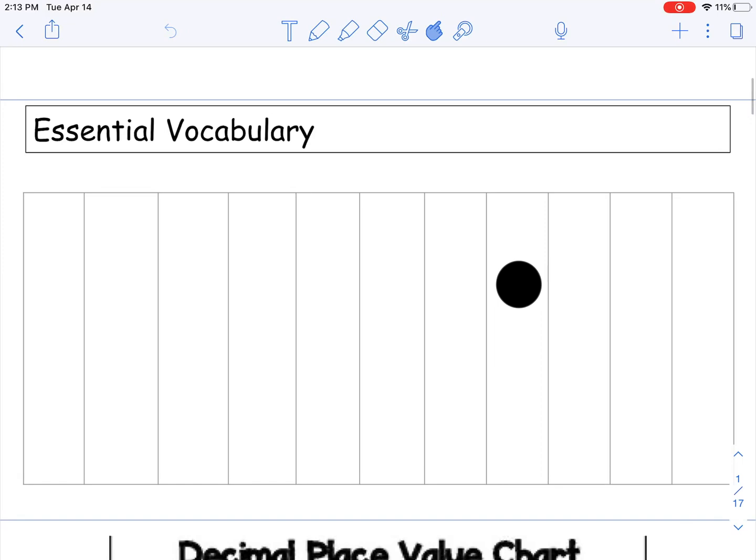Start off with our essential vocabulary. You may remember this from many months ago, our place value table. Again, we're going to start all the way over here with our thousandths. Don't forget that THS.